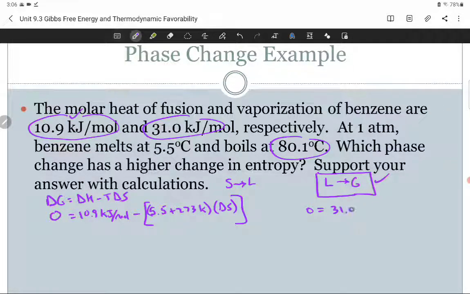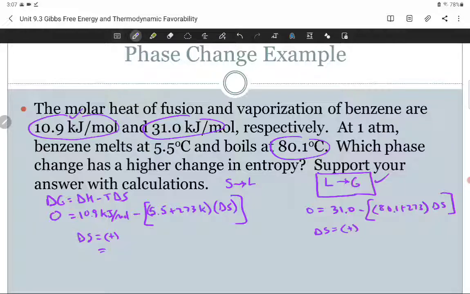So we have 31.0 kilojoules per mole minus 80.1 plus 273 delta S. Now both of these we should predict they're both going to be positive, because solid to liquid becomes more disorderly, and liquid to gas is more disorderly.